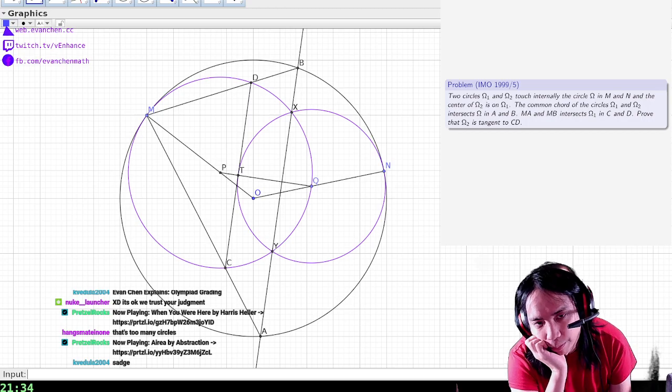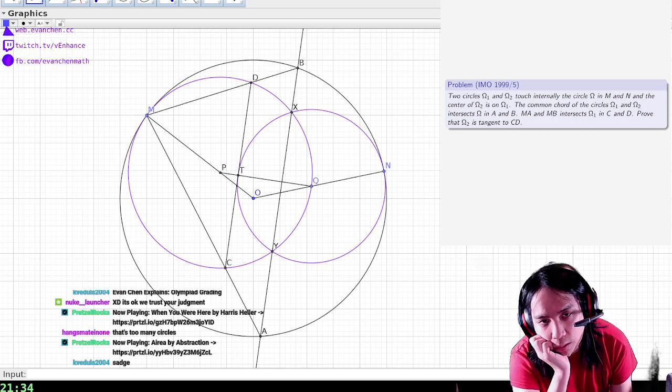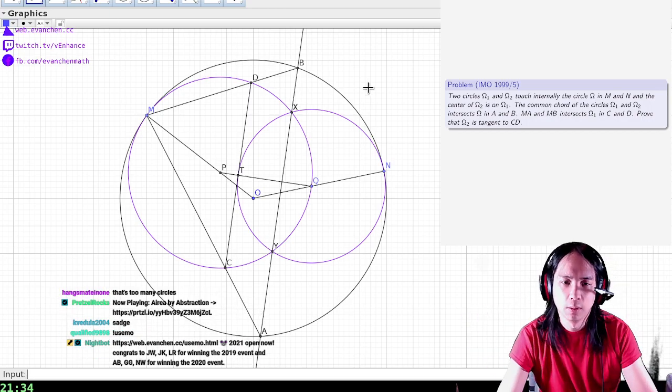So the power of A and B is equal. So I pull this one in.